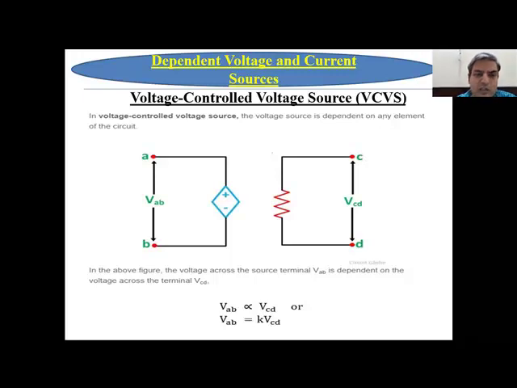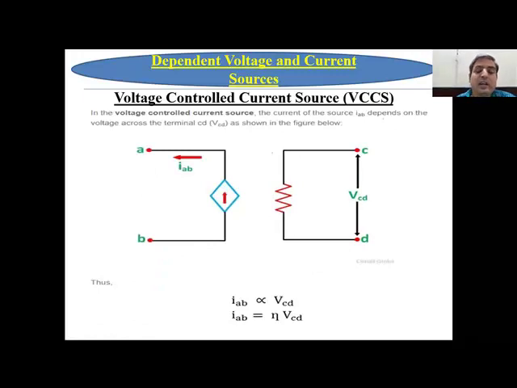Yes. So now moving to another type of source, that is the voltage controlled current source. Here you can see a diamond shaped current source whose value is depending on the VCD. From the equation you can see that IAB is proportional to VCD, where VCD is the terminal voltage across the CD terminal.